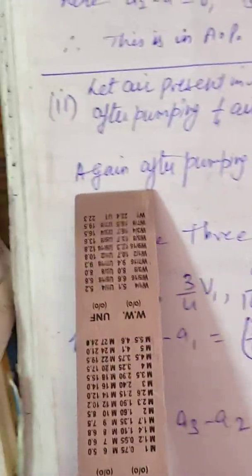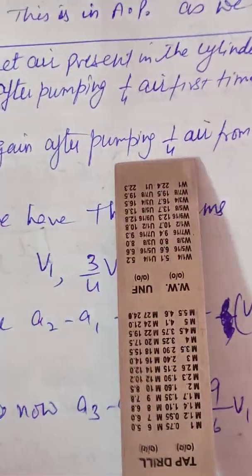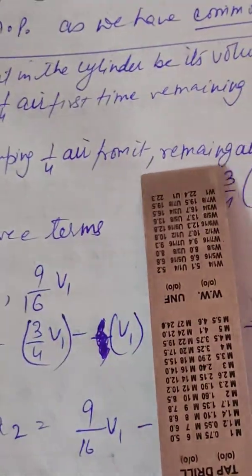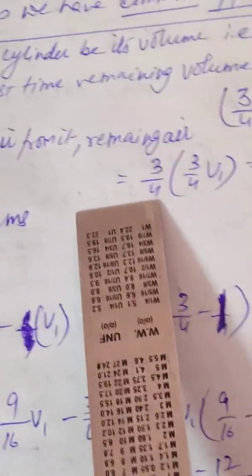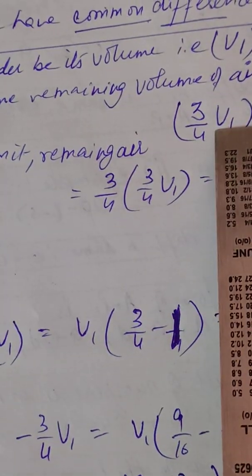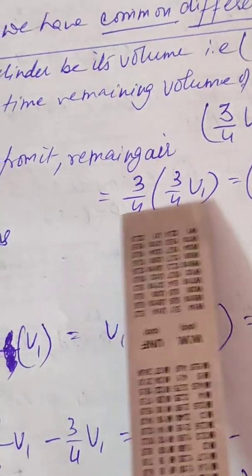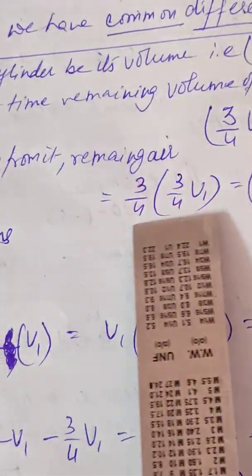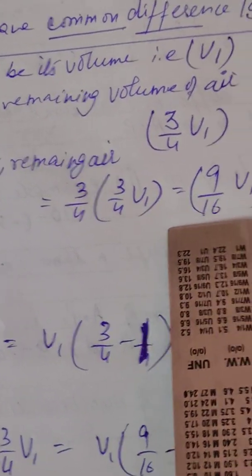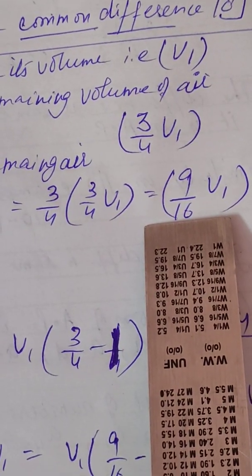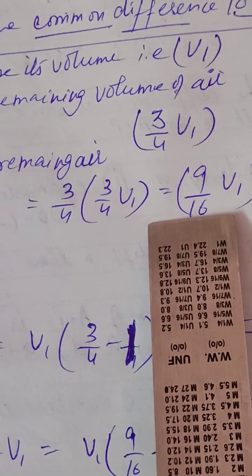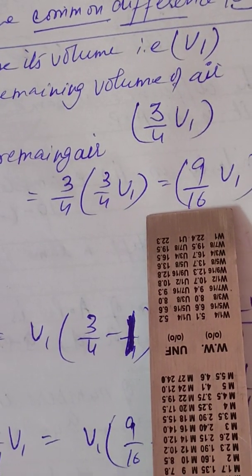So here after pumping 1/4 air from it again, the remaining air will be 3/4 of the previous remaining volume. So 3/4 of 3/4 is 9/16 V1. So this is the air left in the cylinder after using the pump a second time.